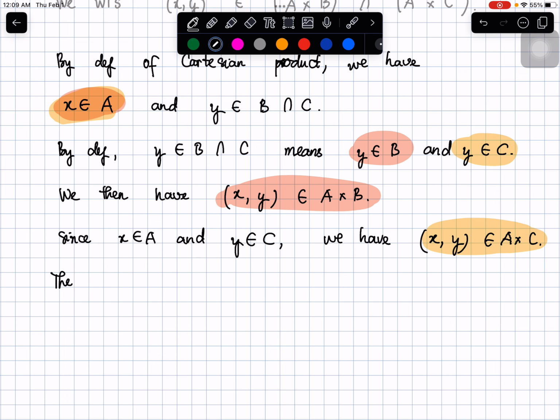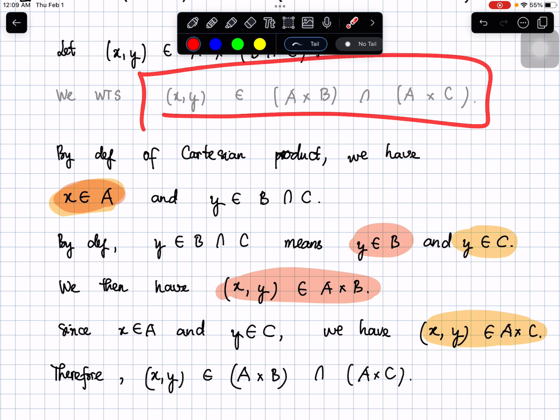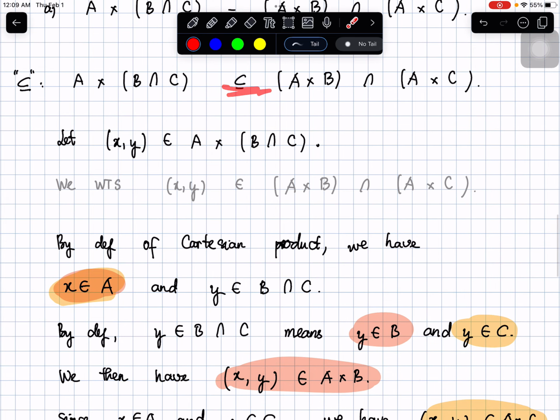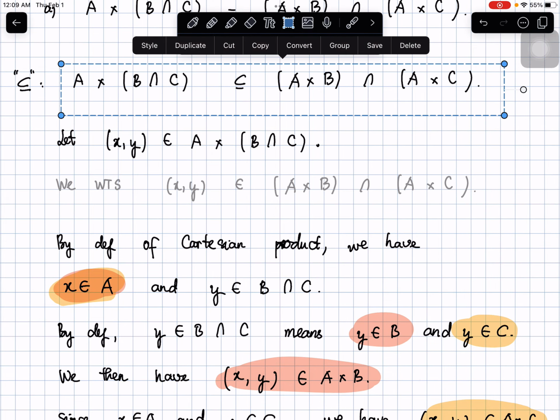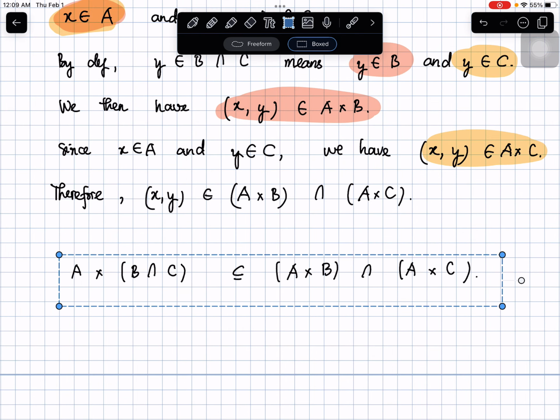Therefore, x comma y must be in the intersection of (A cross B) intersect (A cross C). And you see, this is exactly what we need to show. Therefore, we have the first containment. So we already show this part.